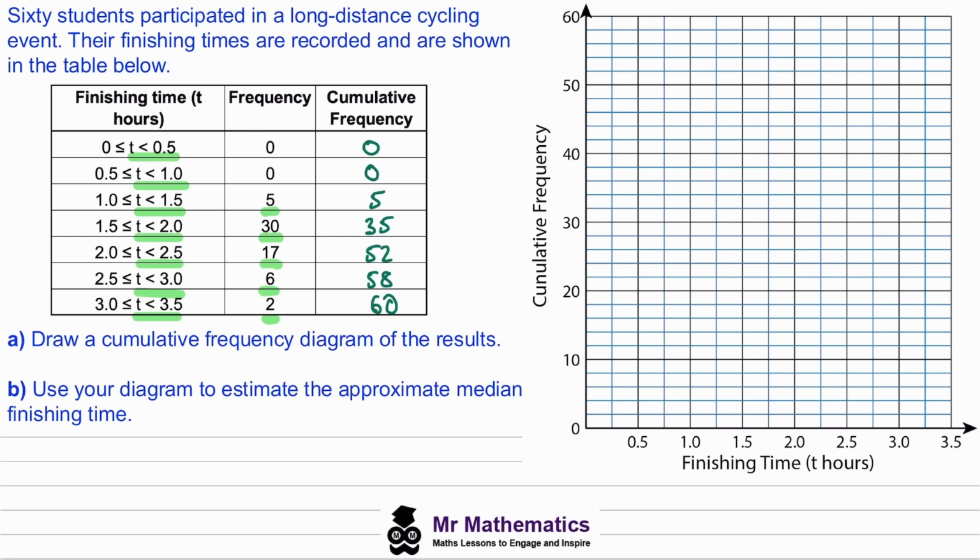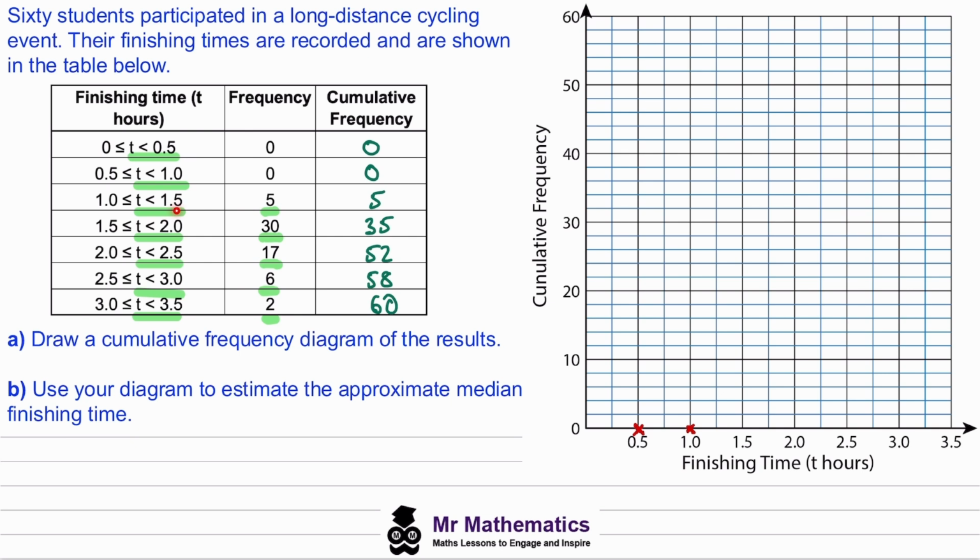So to plot the graph, what we do is we plot this upper limit against the cumulative frequency. So we'll plot t is 0.5 and the cumulative frequency is 0. So that will go about here. Then we'll have t is 1 and the cumulative frequency again is 0.